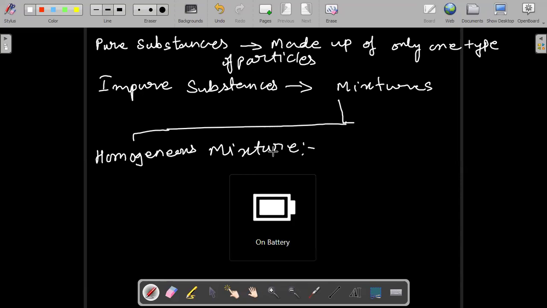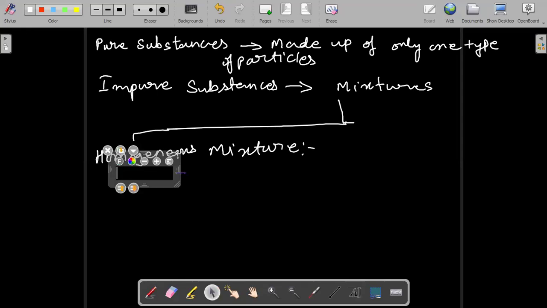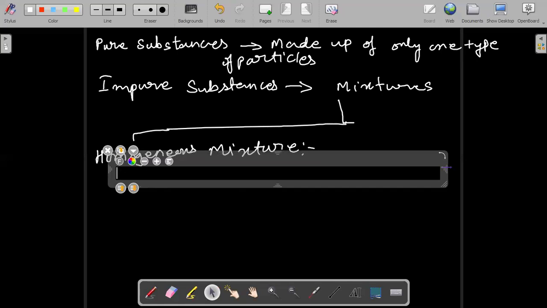Uniformly mixed. So homogeneous mixtures are the mixtures where solute particles are uniformly mixed with the solvent. Can you give any example? Sir, salt or sugar in water solution. Okay.